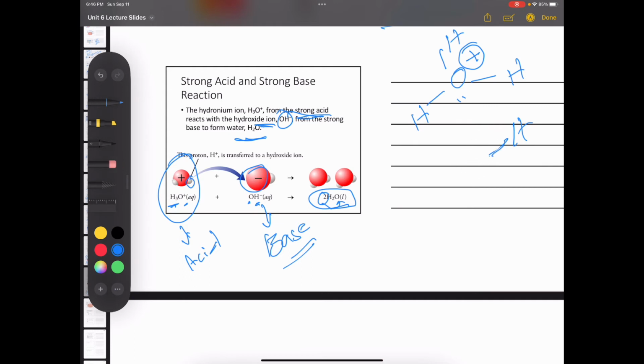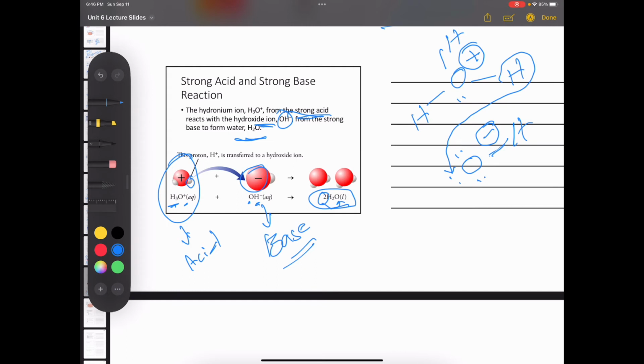With the non-bonding pair around the oxygen, this one has a negative charge. So this hydrogen here, because it's very unstable, will leave the hydronium ion and bond with the oxygen on the hydroxide.